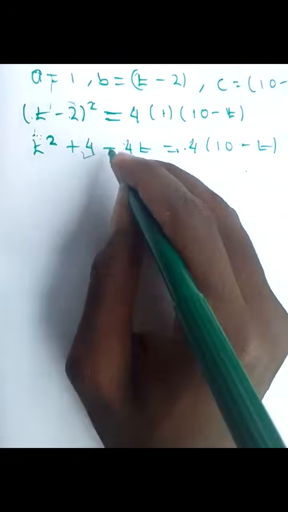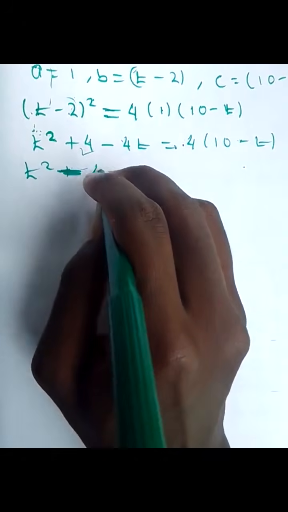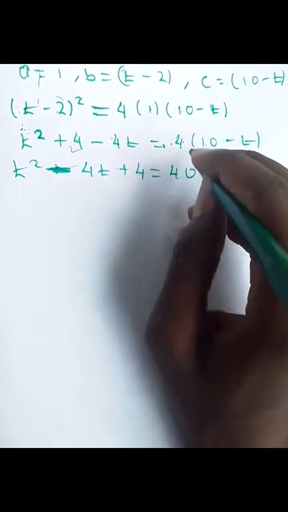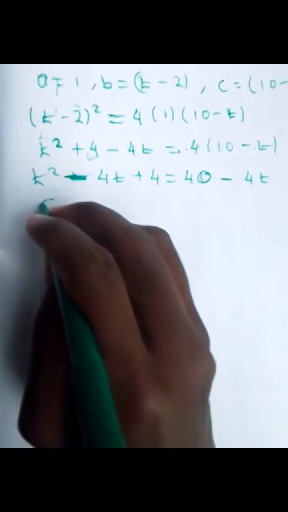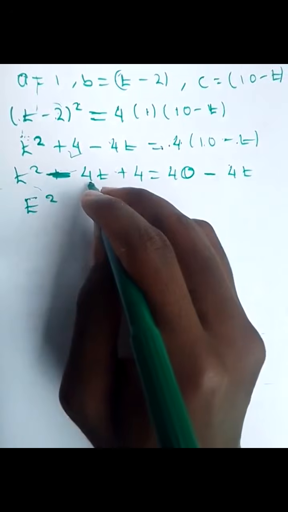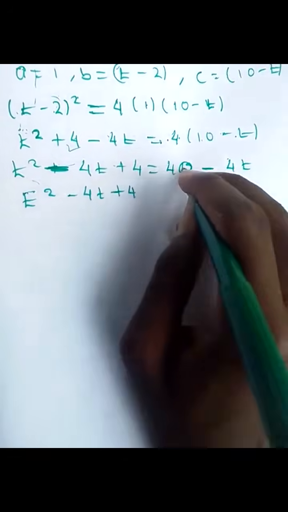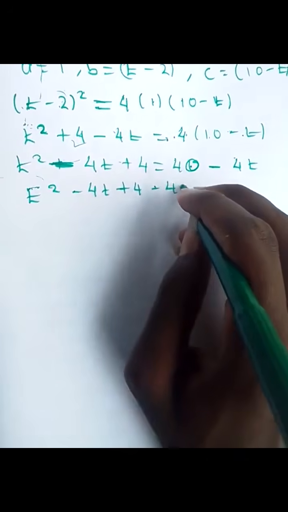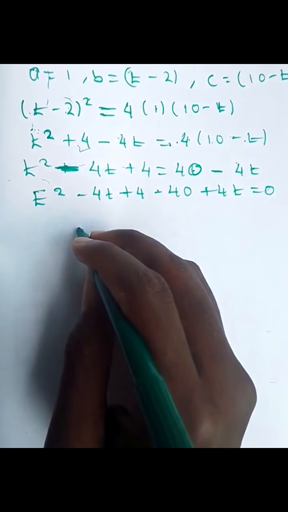So you have t power 2, minus 4t plus 4 is equal to 4 times 10, that's going to be 40, right? Then 4 times negative t, that's going to be negative 4t. I'll take this on the other side, it's going to be negative 40. This on the other side is going to be plus 4t, not 40 as in a number, no, 4t.